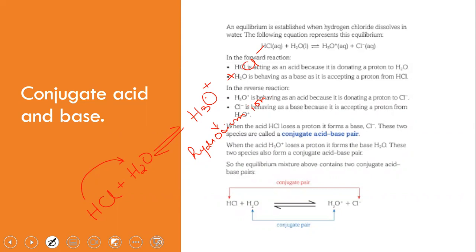And it has a lone pair of electrons, right? Over here, this oxygen has a lone pair of electrons. Since it has a lone pair, it is able to donate it to the hydrogen ion and make a dative covalent bond. That's how you're getting your hydroxonium ion.